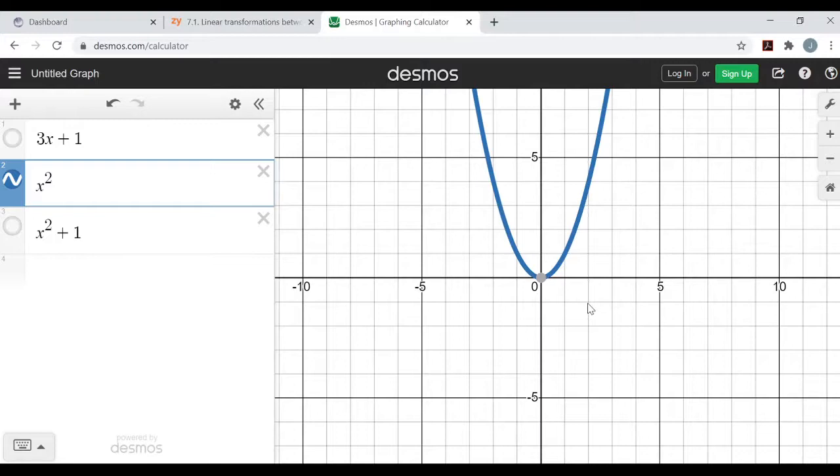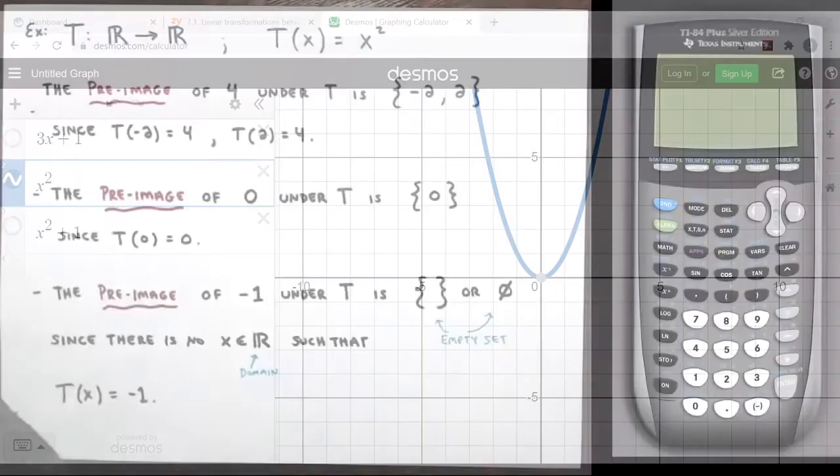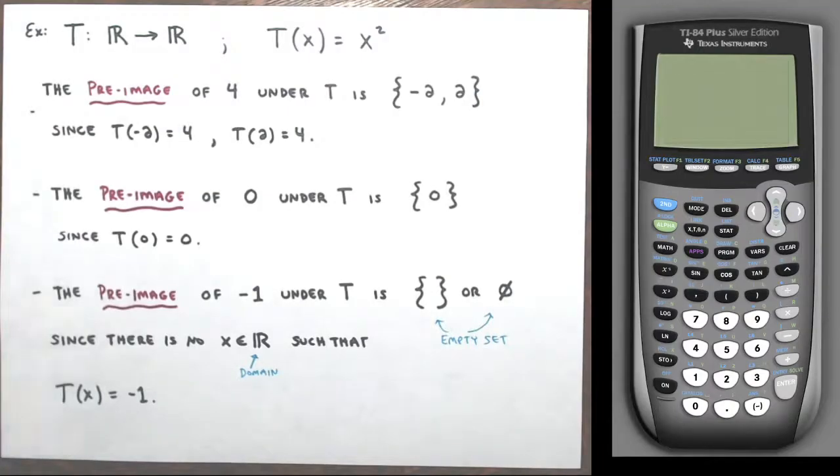So negative 1 has a pre-image that is empty, nothing in it. No value on the x-axis, no value from the domain has an image of negative 1. So again, I hope that's clear here what I'm saying.